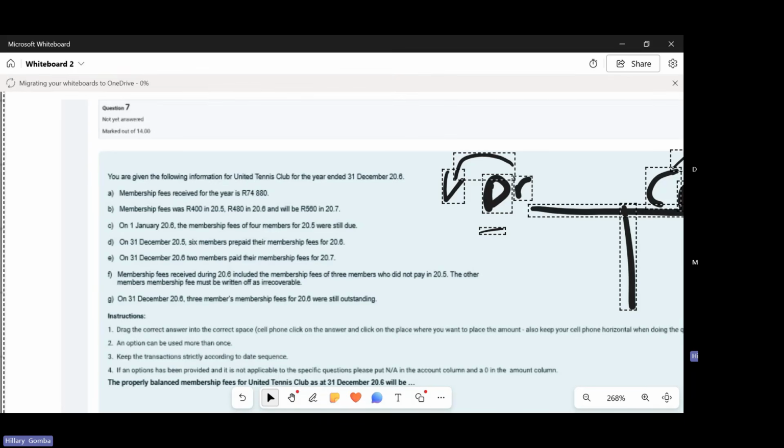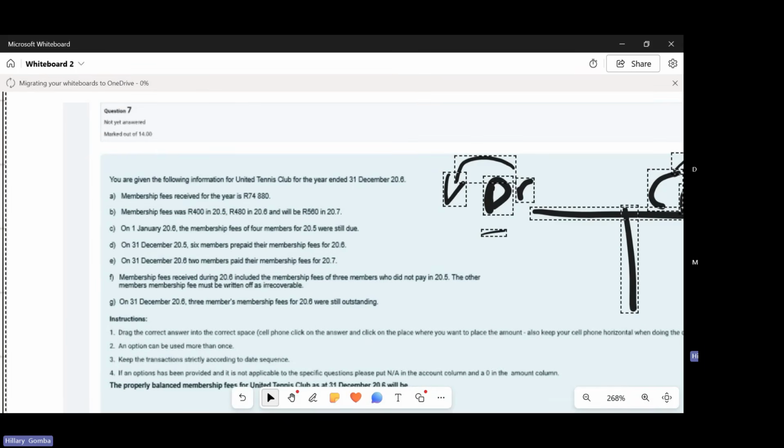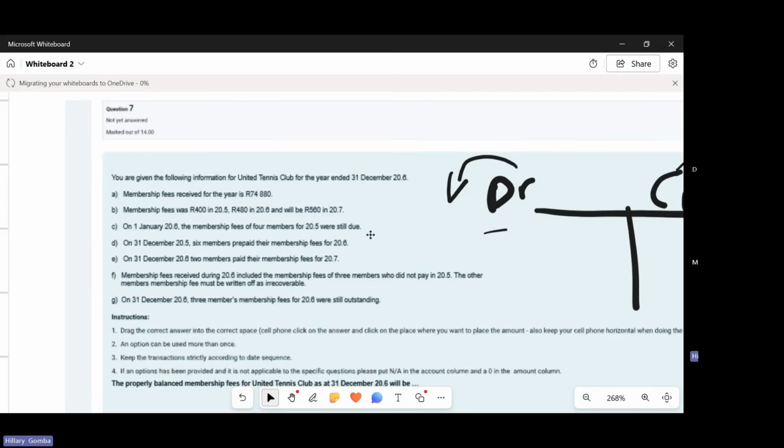So now the transactions that they'll ask you, C will now say on 1 January 2026, the membership fees of 4 members for 2025 were still due. So which means if they were still due, you recognize this account as a what?